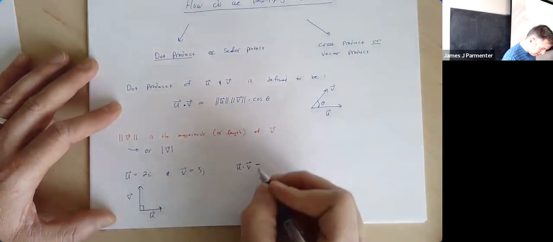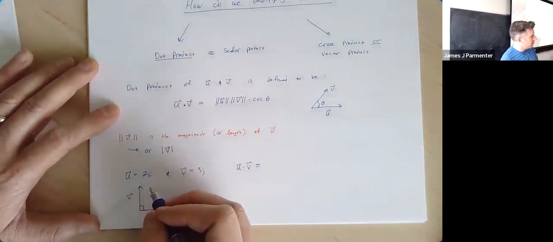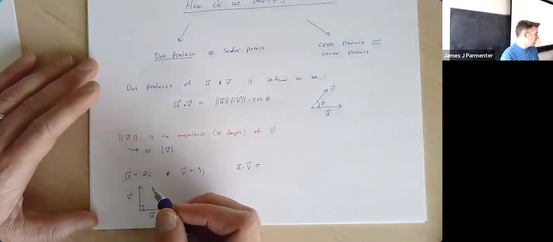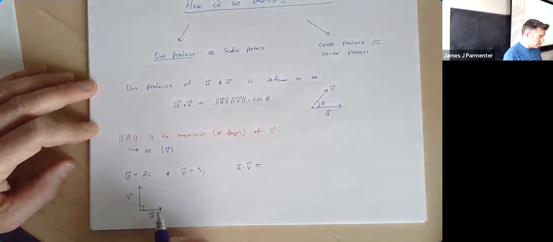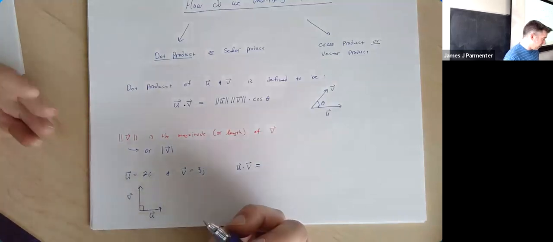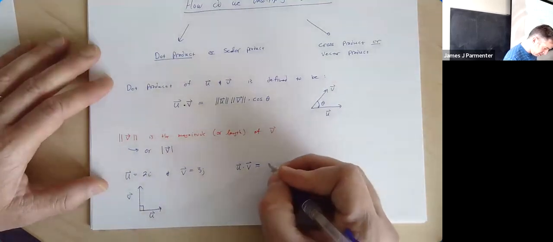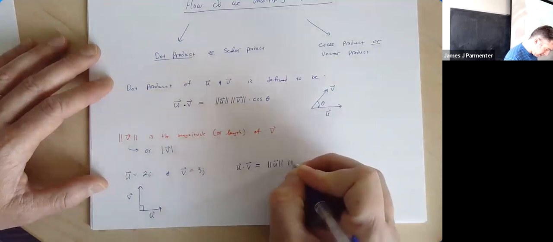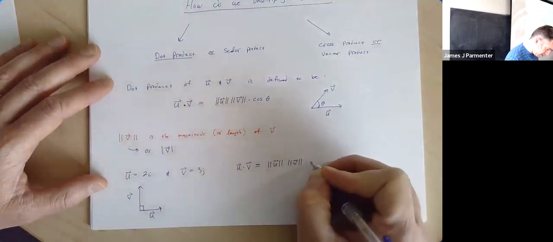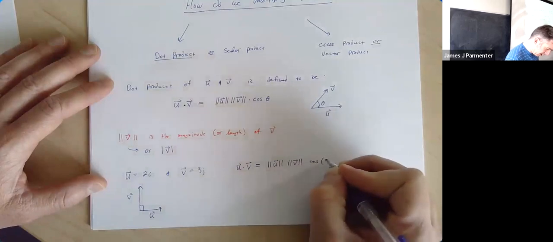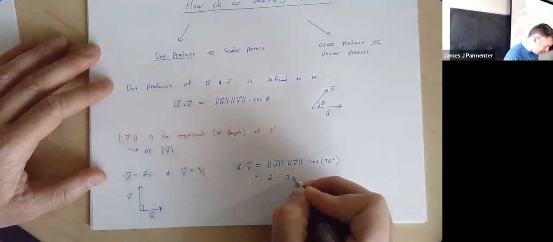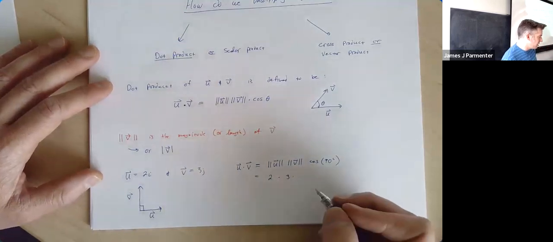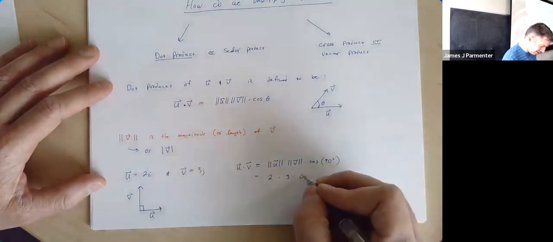It's going to be the magnitude of u. A nice thing about a vector that only has one component is that its magnitude is the absolute value of that number. So the magnitude of u is just 2, because the length of u is 2. And the magnitude of v is 3. And the angle between them is 90 degrees. So what we're getting here is 2 times 3 times cosine of 90 degrees, which is 0.